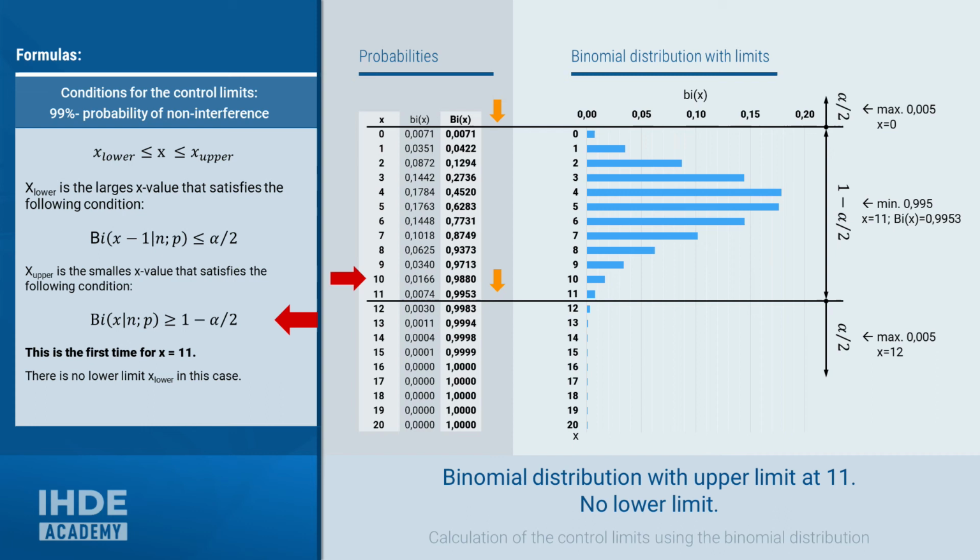This is smaller than 0.995. With x equal to 11, this is 0.9953, which is for the first time greater than 0.995. The upper control limit is therefore 11 defective parts per sample. There is no lower control limit, x lower, for this example. It is omitted.